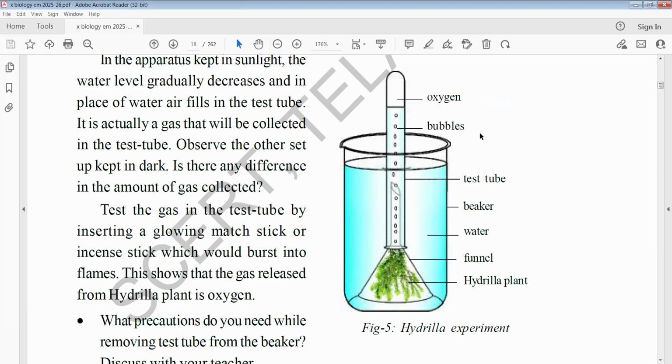Here you can see gas bubbles coming from the twigs of the Hydrilla while carrying out photosynthesis. By this we conclude that during photosynthesis oxygen is liberated.